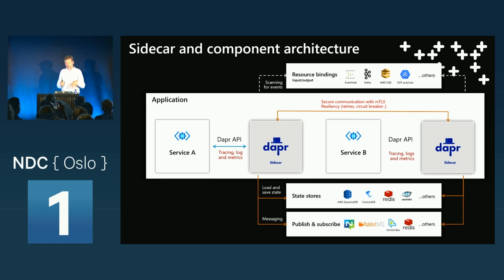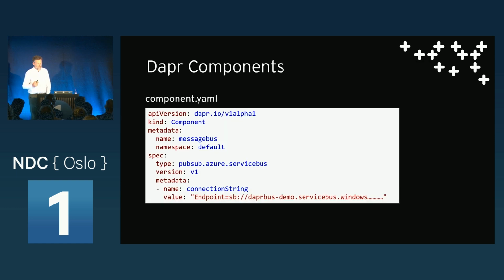And how you do this is that you specify this in a component file, which is a YAML file. This is where you actually specify, I want to use this building block and I want to use this type of store. So as an example, for a simple one could be if you want to do pub/sub messaging, and you can then select, I actually want to use the Azure Service Bus as the implementation.